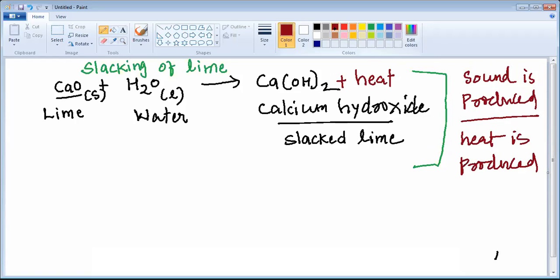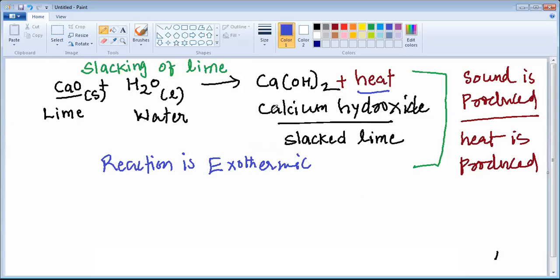That means, as the heat is produced, we can say the reaction is exothermic in nature. So we can say this is an exothermic reaction.